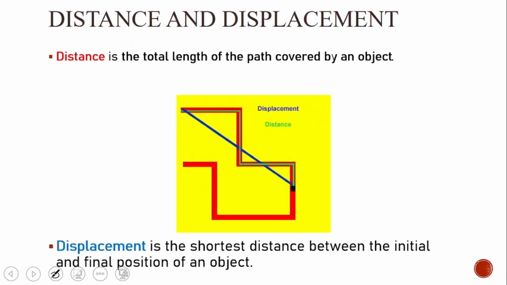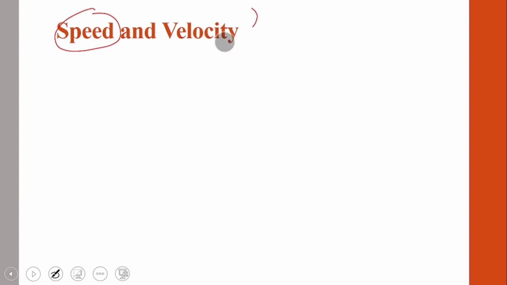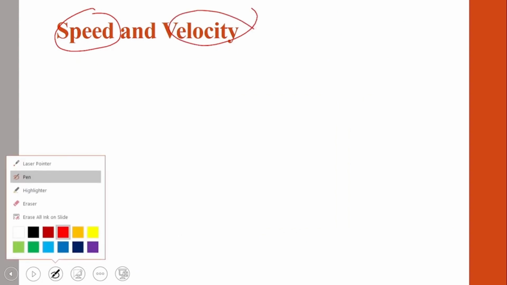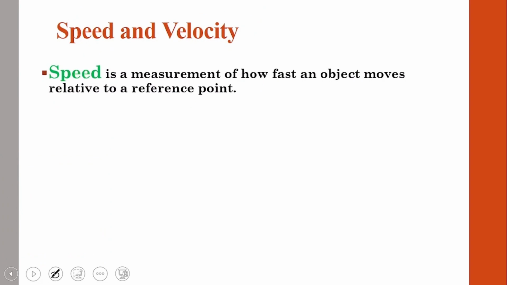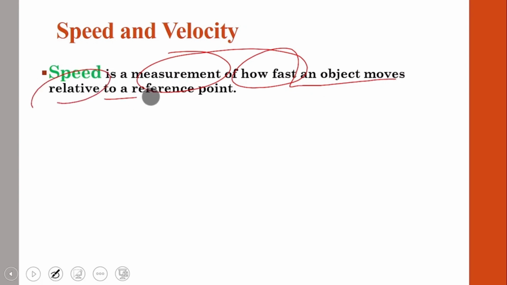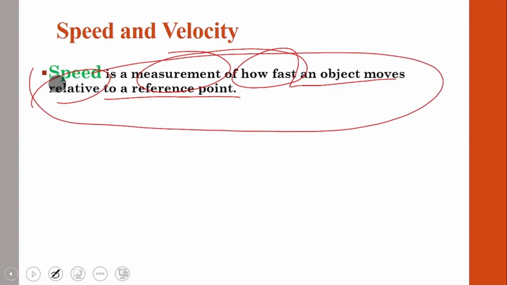Now we will have some information about speed and velocity, right? Okay, let's start. First of all, speed. What is called speed? Speed is a measurement of how fast an object moves relative to a reference point. Actually, in practical life, that is the definition of speed.